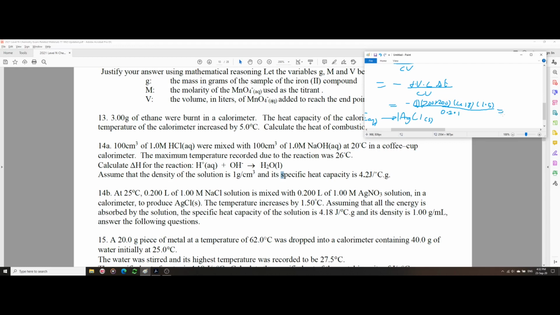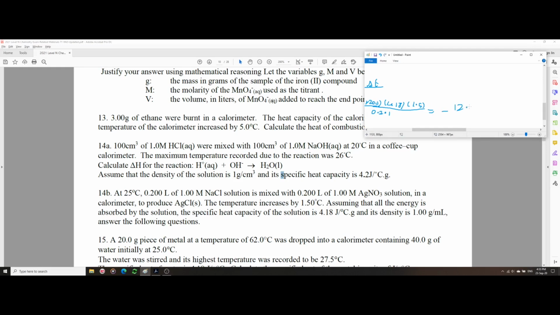Let's put this all together in the calculator and see what we get. 200, 4.18, 1.5 divided by 0.2. We get somewhere. I'm not going to double check my answer.